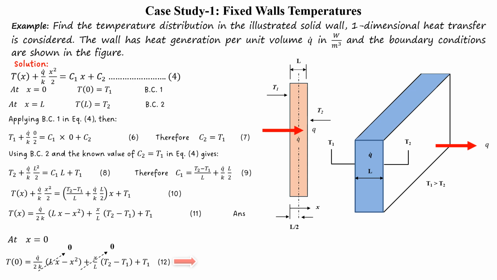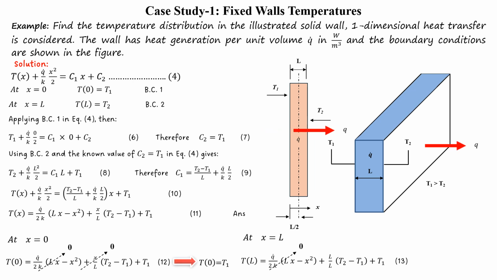Then the temperature T of x equals T1, which is the same as boundary condition number 1. And for the second boundary condition, when x equals L, if we substitute that, then we will get T of x equal to T2, which is the same value as used in the boundary conditions.